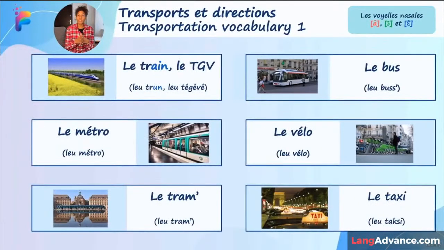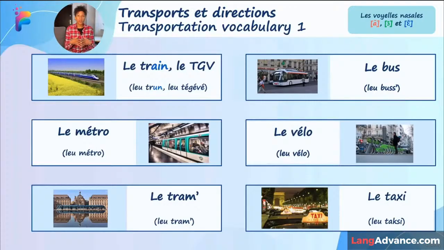Transportation. Let's have a look at some vocabulary. First, we have le train. Le train. We also have le TGV. Le TGV. So train, and le TGV for us is the fast train. After, we have le métro. Le métro.